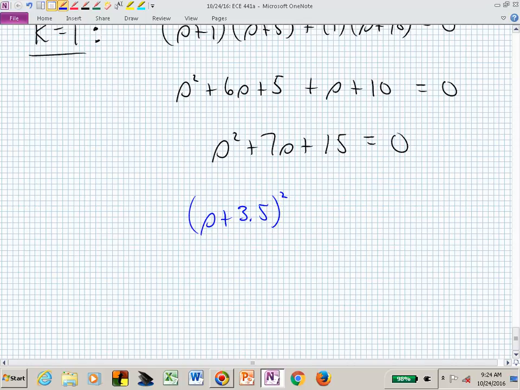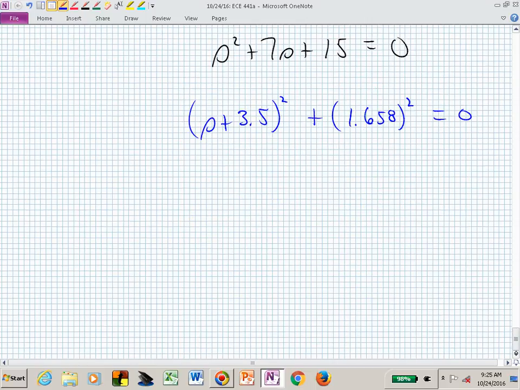Then we would square 3.5 and subtract it from 15, and that would give us the square of our imaginary piece, which in this case, maybe you can see that by inspection, is 1.658. That squared plus 3.5 squared gives you 15. I'm guessing everyone could just see. I'm joking a little bit on that, but that's where you can see that coming.